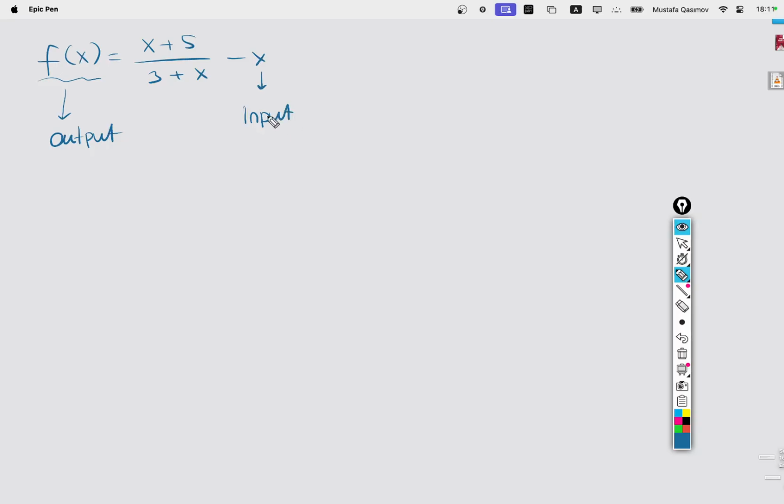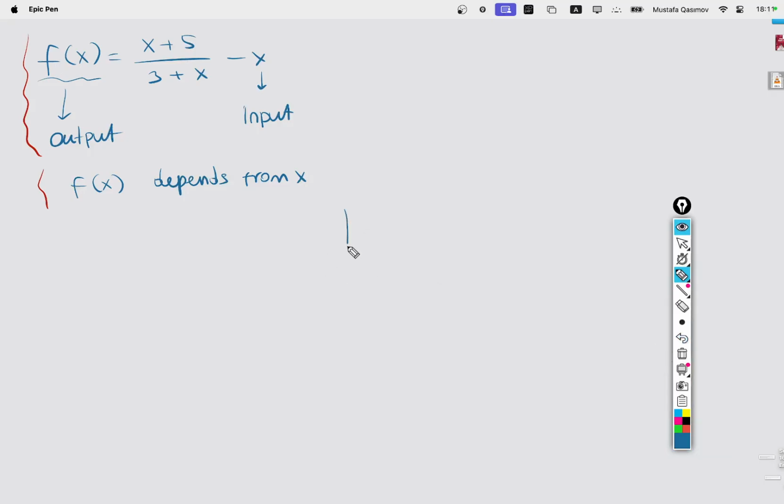What's the meaning of output and input? It means that you have to give a value instead of x, and you will get f of x. So from here we can say that f of x depends on x. If it is clear, let's also look at transformation.